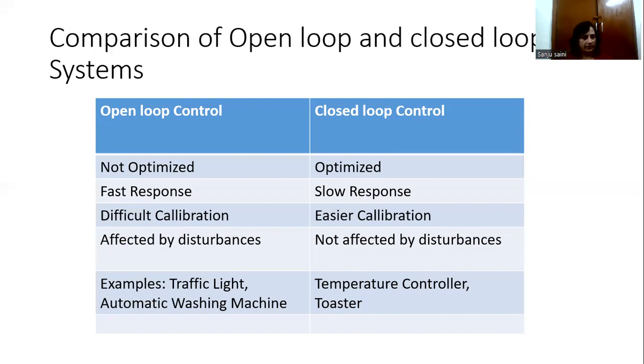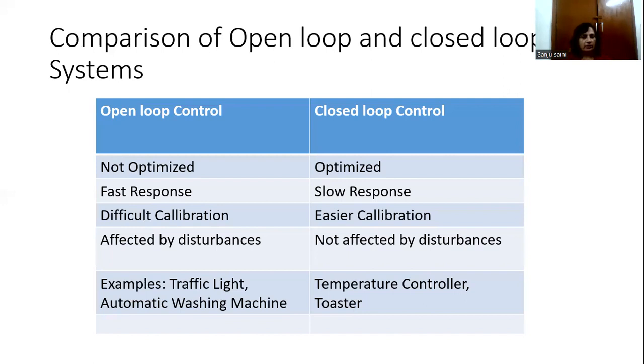No feedback mechanism. Then we have a washing machine. In the automatic washing machine that we are using at our homes, I am not talking about the modern washing machines in which fuzzy mechanisms or modern controllers are incorporated.